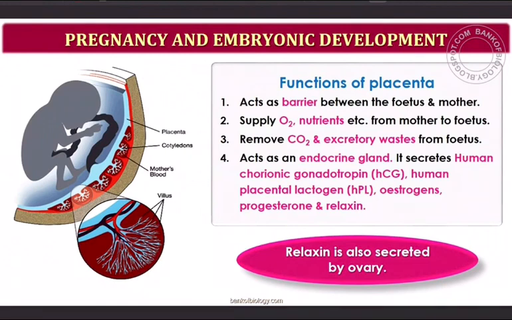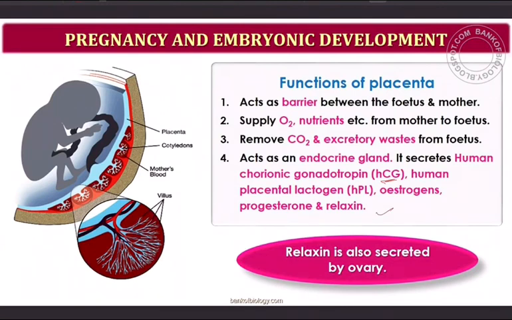Now, functions of the placenta: it acts as a barrier between the fetus and the mother. It's a connecting bridge, supplies oxygen and nutrients from mother to fetus, and removes carbon dioxide and excretory waste from the fetus. It acts as an endocrine gland.